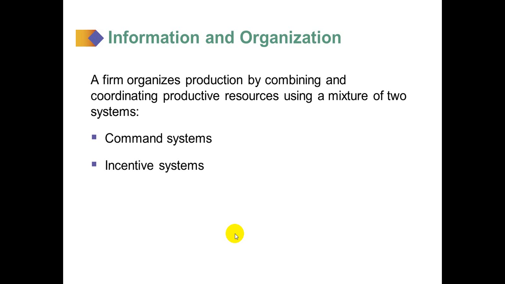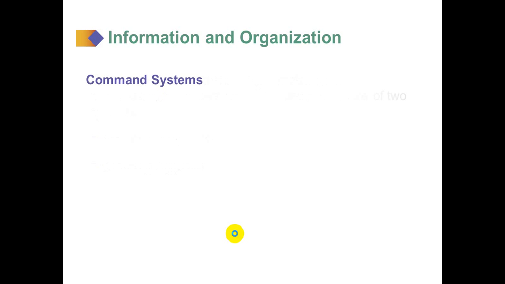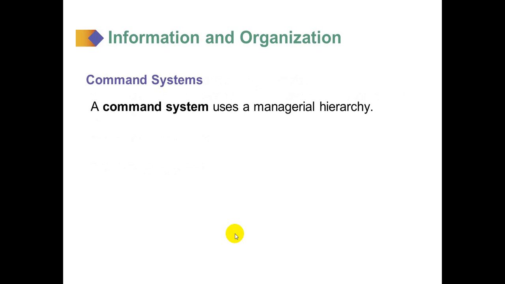A firm organizes production by combining and coordinating productive resources using a mixture of 2 systems: command system and incentive system.